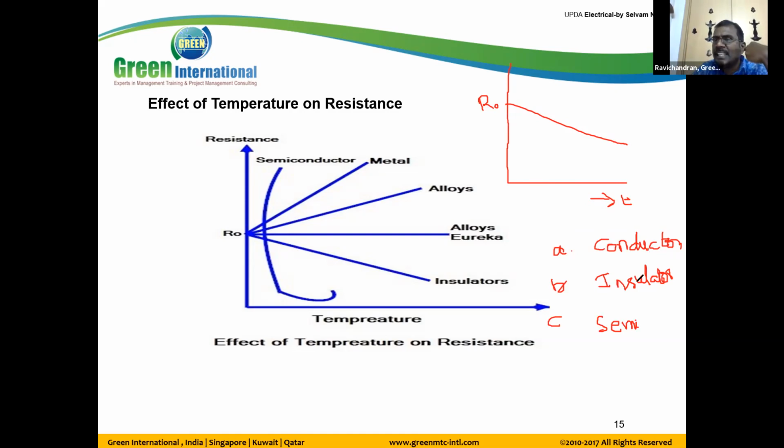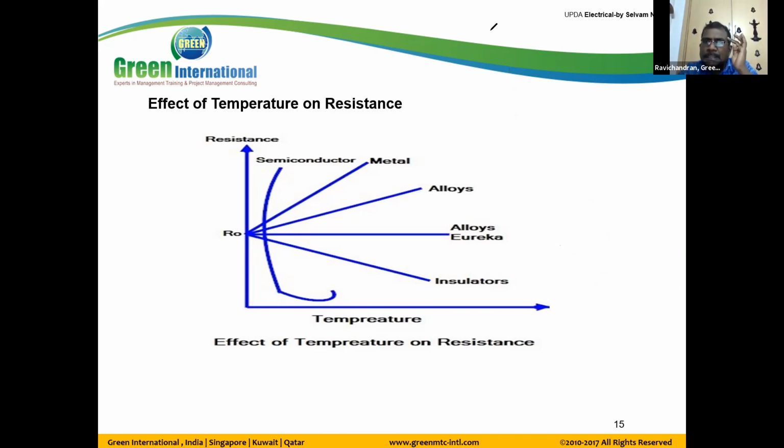So here we choose insulators, or sometimes they mention mica. Simply keep in mind: metals have a positive temperature coefficient and insulators have a negative temperature coefficient.